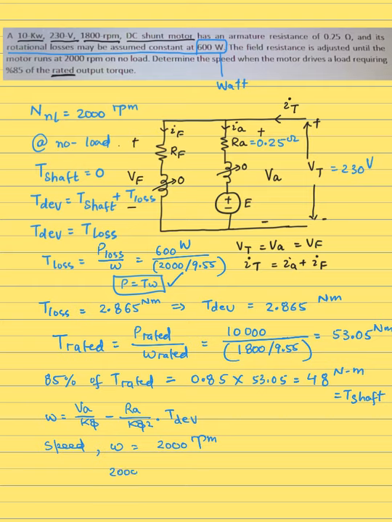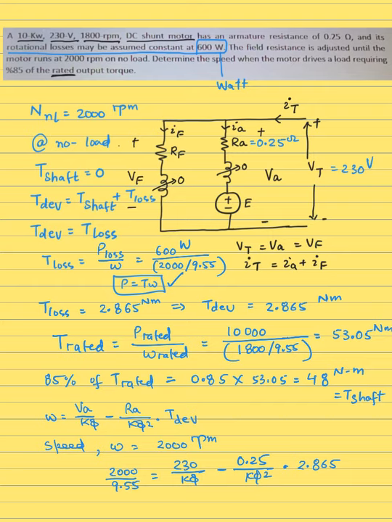So 2000 divided by 9.55 equals VA, which is constant 230, divided by K phi, which is unknown, minus RA, which is 0.25, over K phi squared, times T developed. Now for 2000 RPM, which is the no load speed, T developed is only T loss, which we calculated as 2.865.